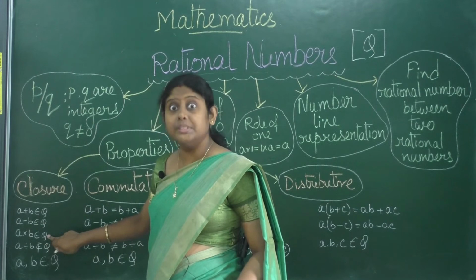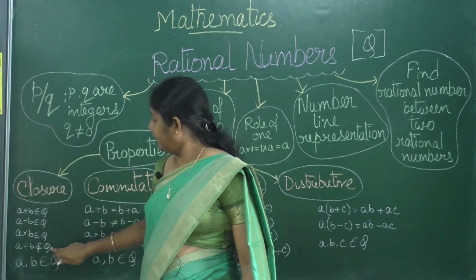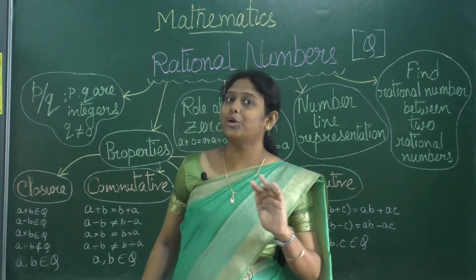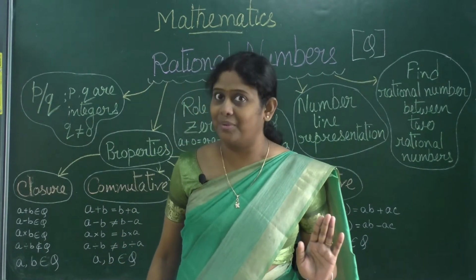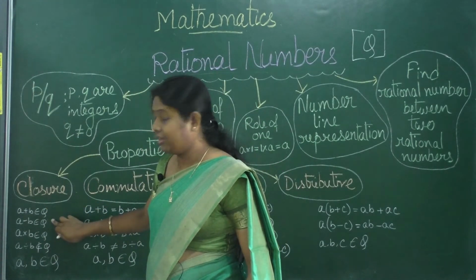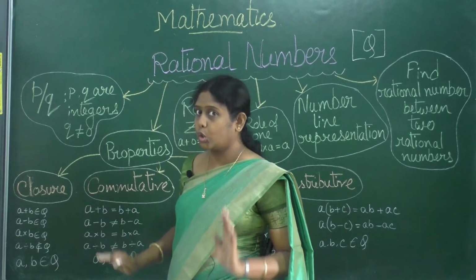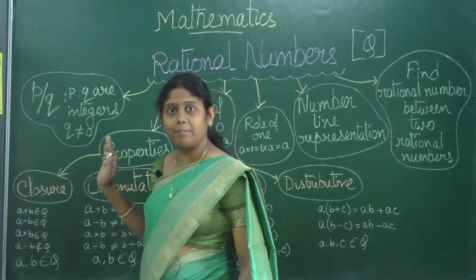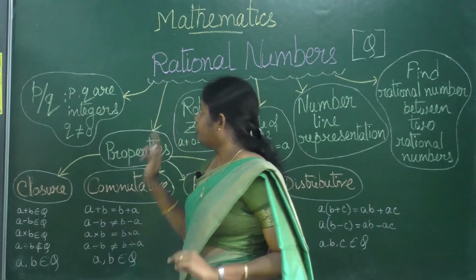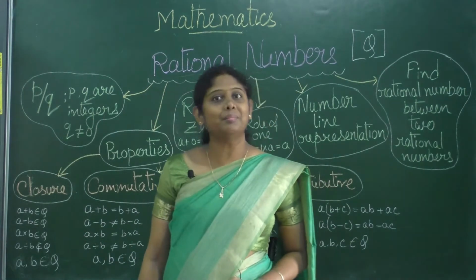The multiplication of a and b, meaning the product, is also a rational number, and if we divide a by b, that should not be a rational number. So what we got from here? Addition, subtraction and multiplication are all closed in the rational number set. But division is not closed for the rational number set. For examples, look at the PPT.